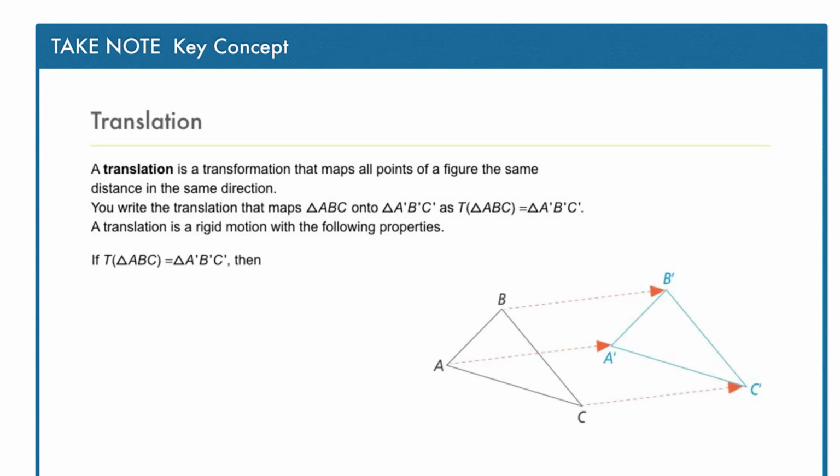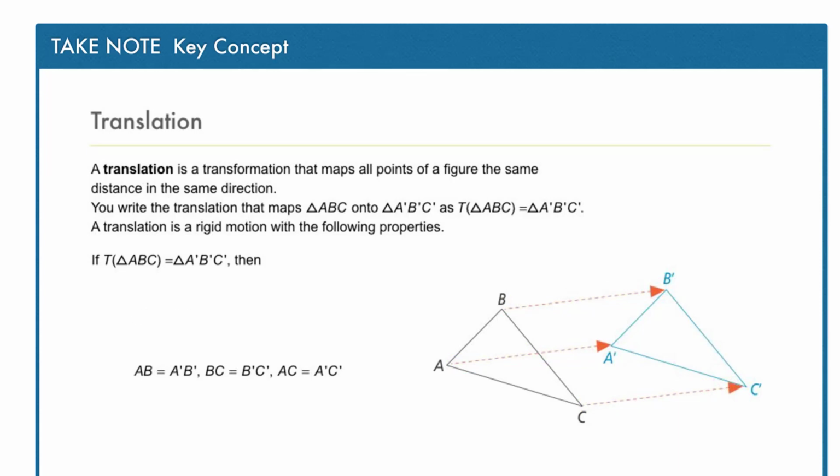If the transformation of triangle ABC equals triangle A prime, B prime, C prime, then the distance AA prime equals the distance BB prime, which equals the distance CC prime.